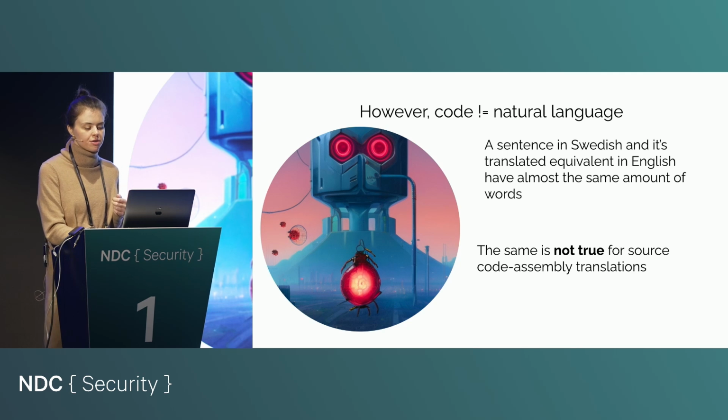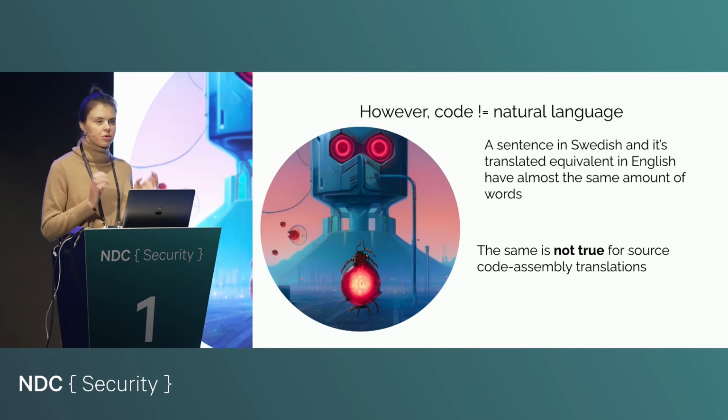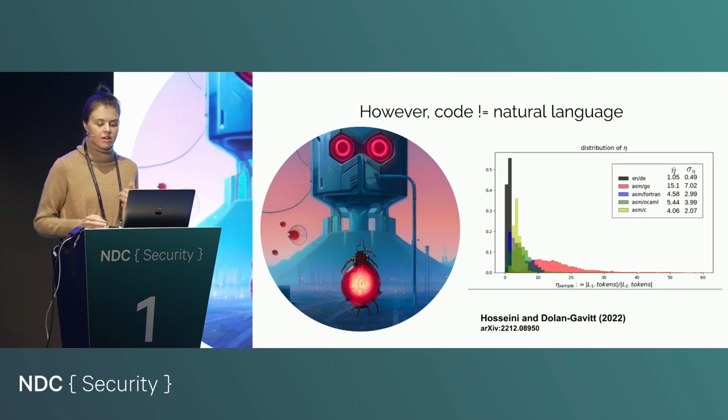However, the same is not true when you compare source code snippets and their corresponding assembly pairs. And actually, there is a research paper that I'm going to circle back to a bit later that really quantified this, like how different are natural language pair translations versus code to assembly translations.